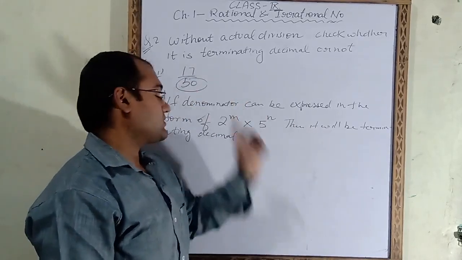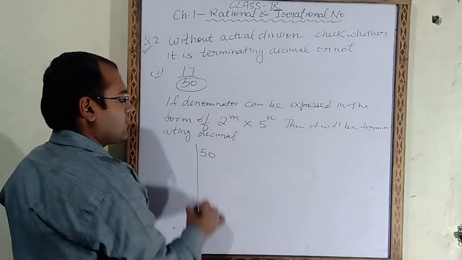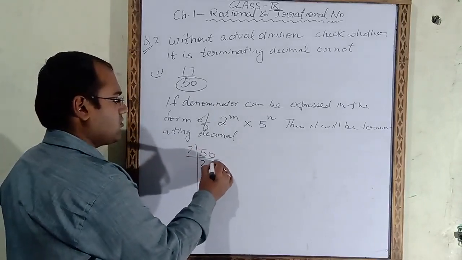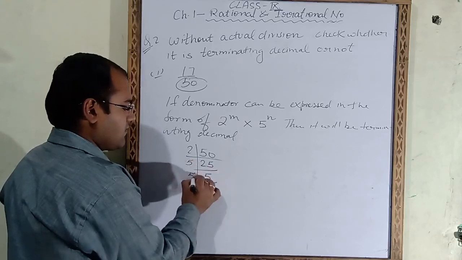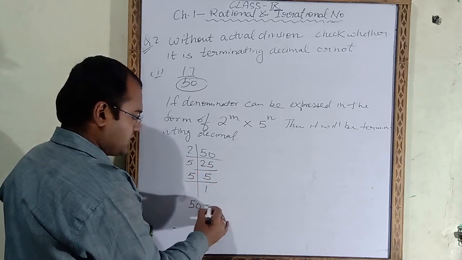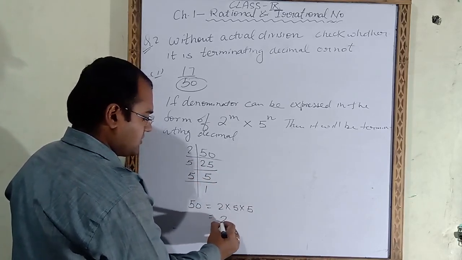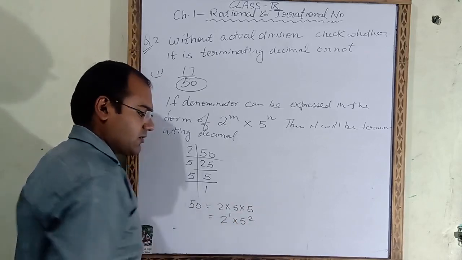So now we will solve this. What is written in the denominator? 50. First of all, we have to find the prime factor of 50. 2 25s are 50, 5 5s are 25, 5 1s are 5. So the prime factor of 50 is 2 into 5 into 5. That means 2 raised to the power 1 into 5 raised to the power 2.